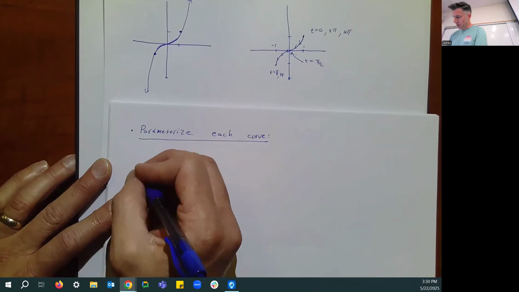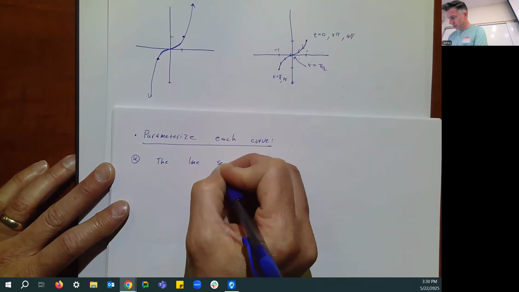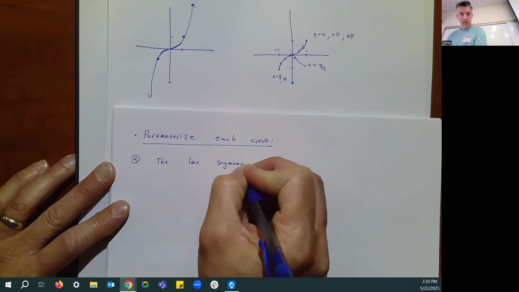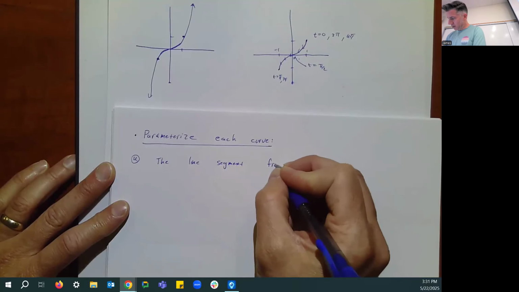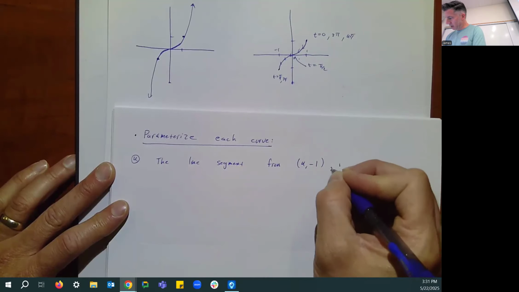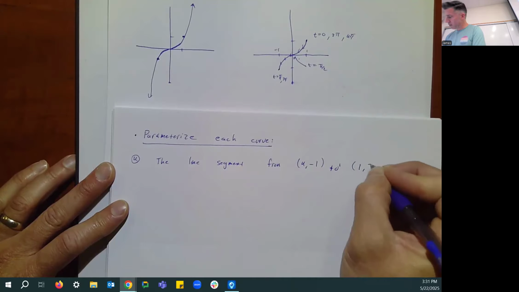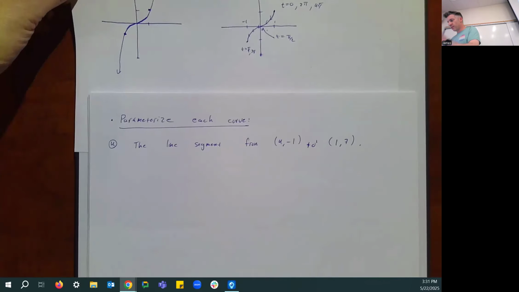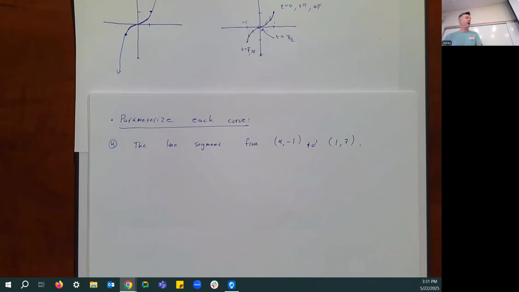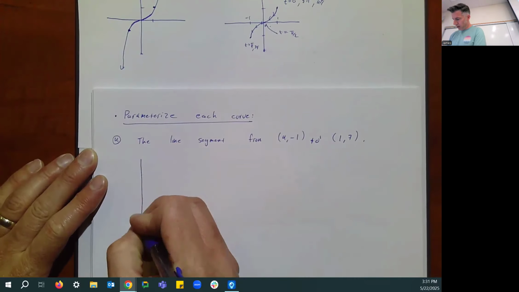So the first one's going to be the line segment starting at 4, comma -1 and ending at, let's say, 1, comma 7. There's a lot of ways of doing this. I'll give you the standard way.